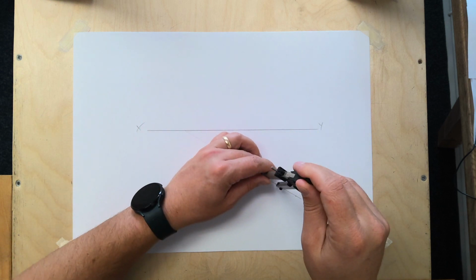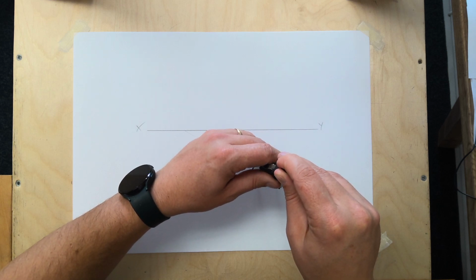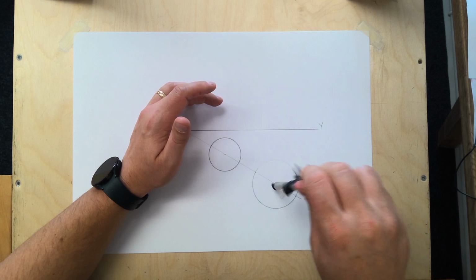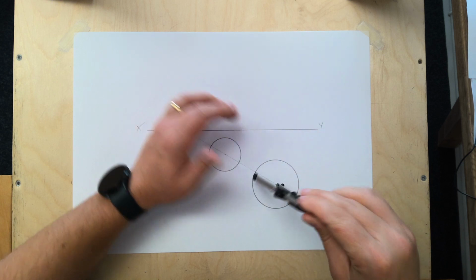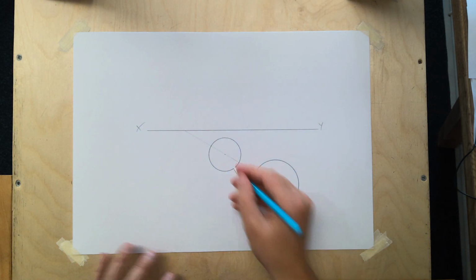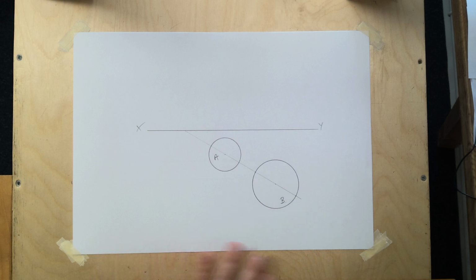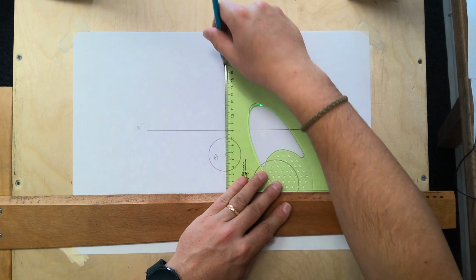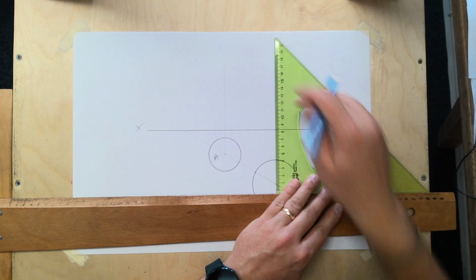That's A. This is B. All right, so A, B. Now, we can transfer them very handy up into elevation. All right, send it up into elevation.